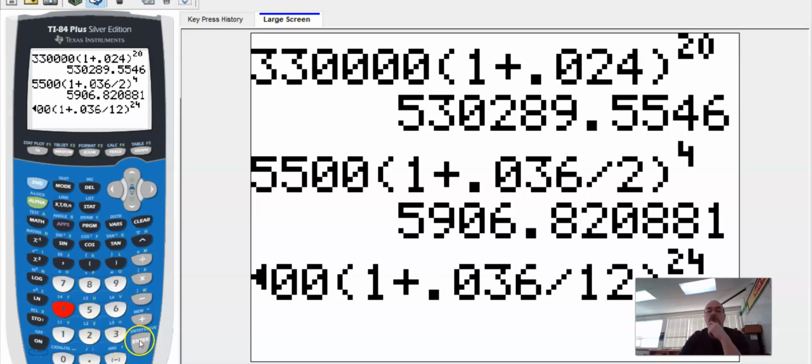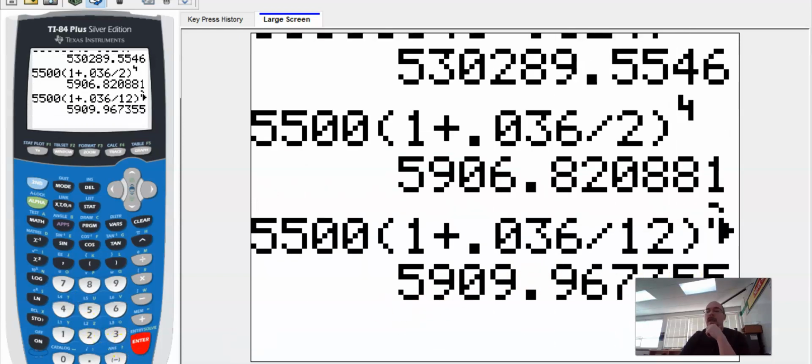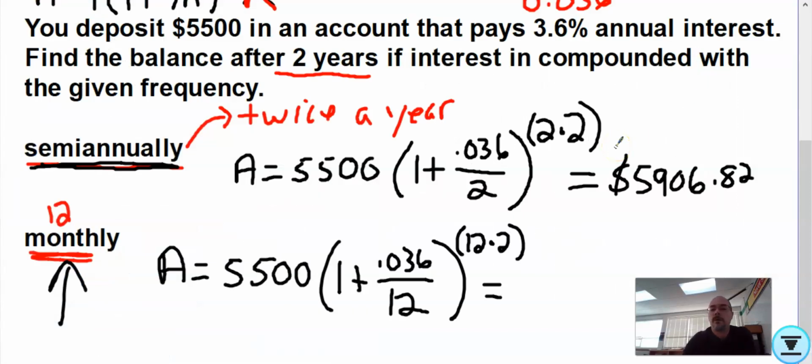All right, so 24, and now I have $5,909.97. Notice, ladies and gentlemen, we earned a little bit more money because it compounded 12 times a year instead of just 2 times a year.